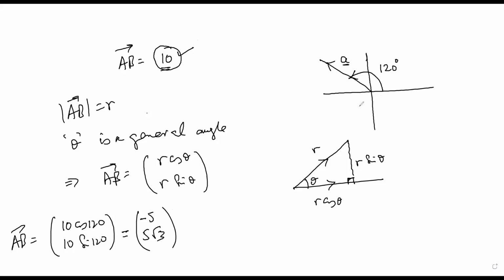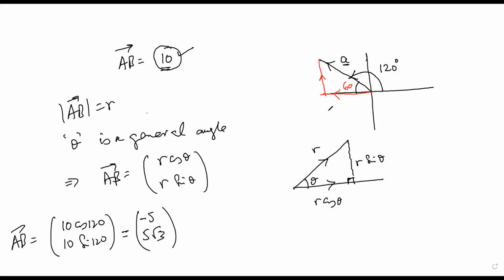Now suppose someone says, "I don't want to use this 120." Then that girl would have to determine this angle first. She would have to say, "Okay, this angle is 60, and I know that my x component will be negative and my y component would be positive."